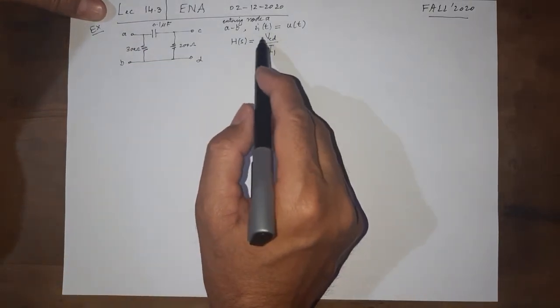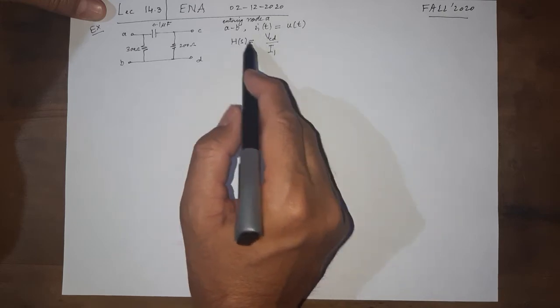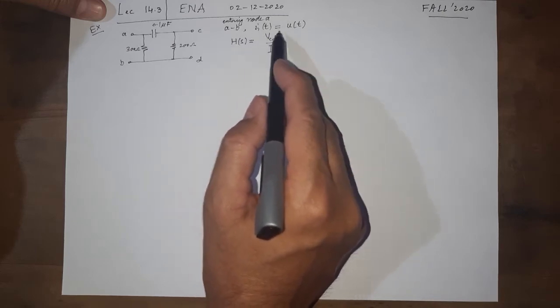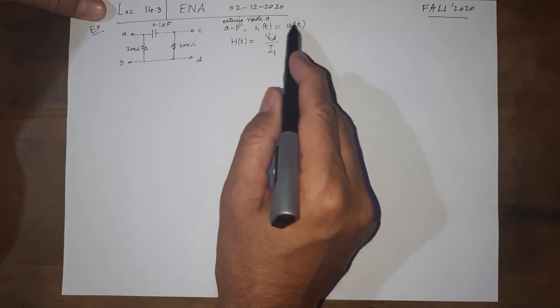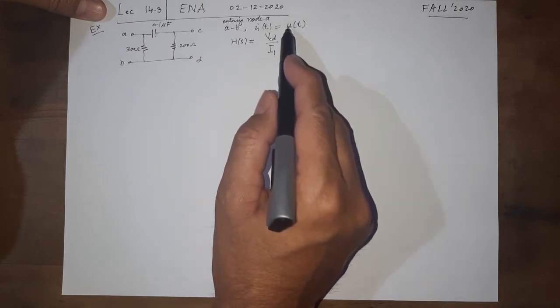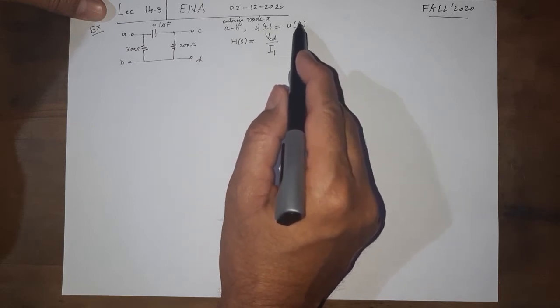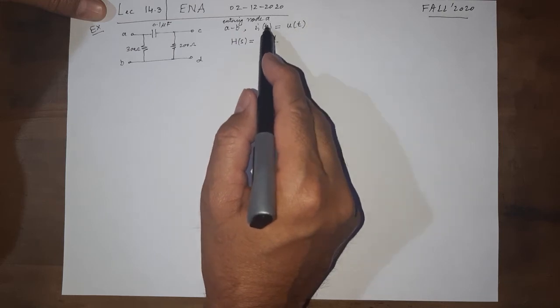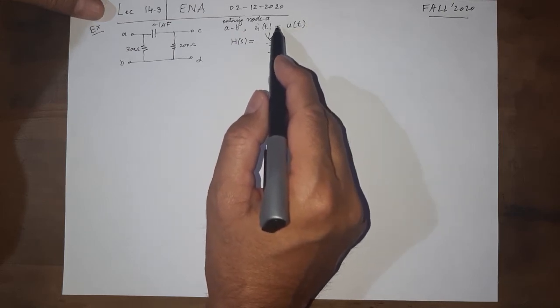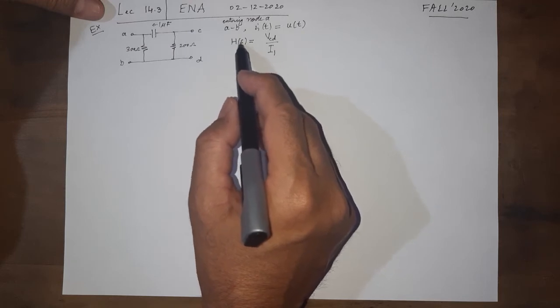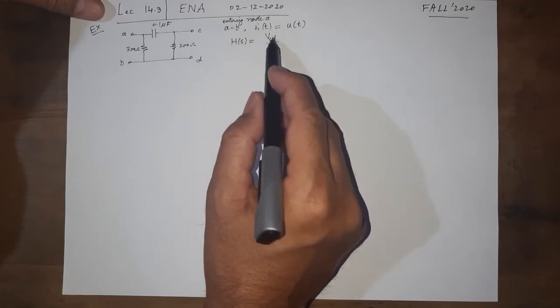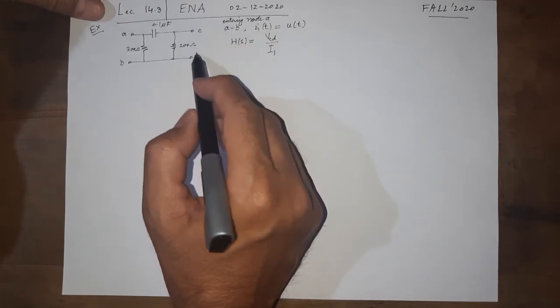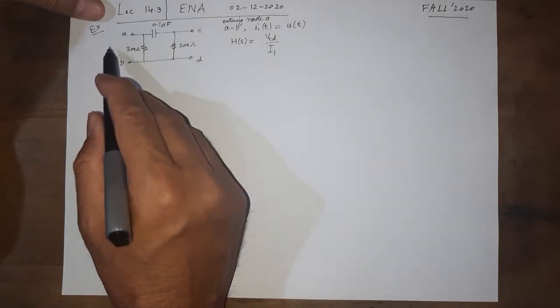In order to find H(s), we do not specifically need any specific I1. Whether it is u(t) or some other input current, we can still get the same value of H(s), because we are going to take the ratio of this voltage to this current.